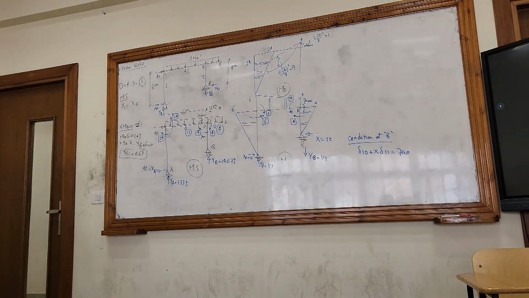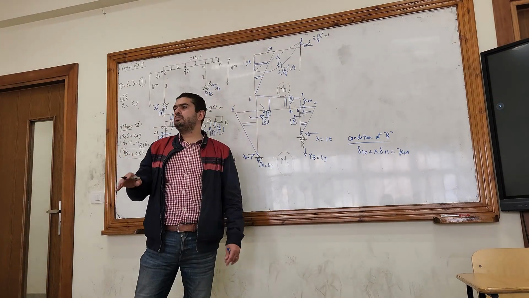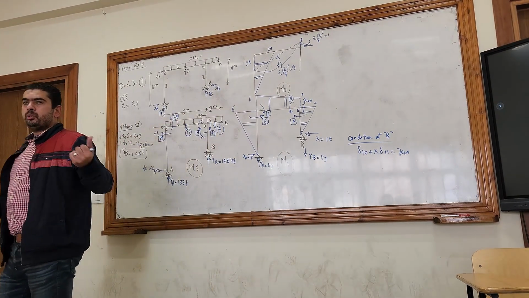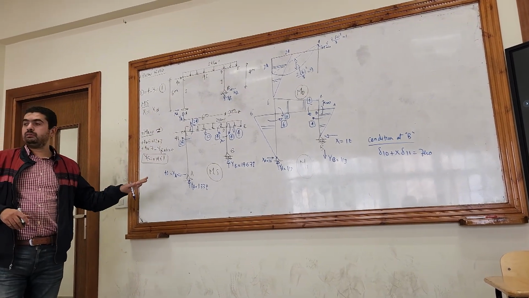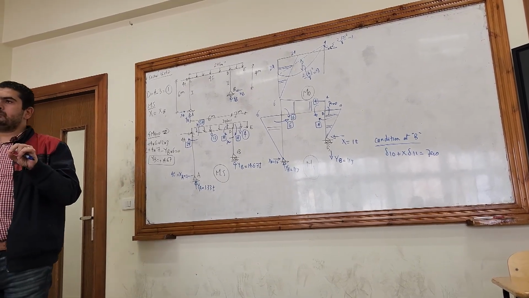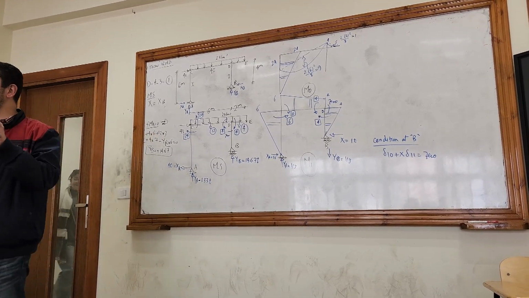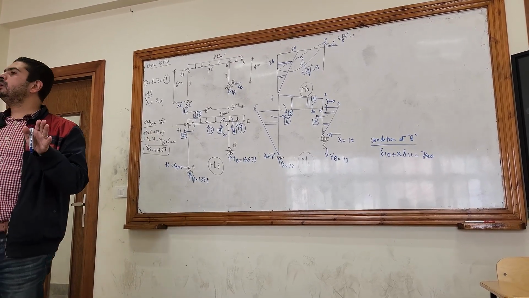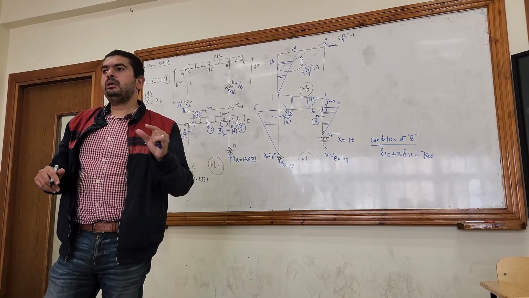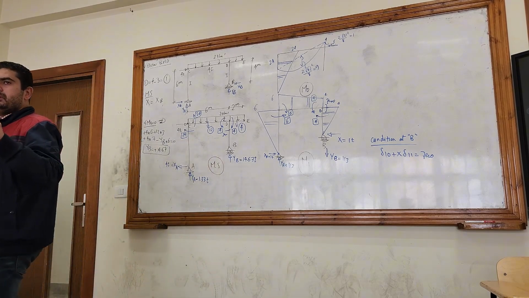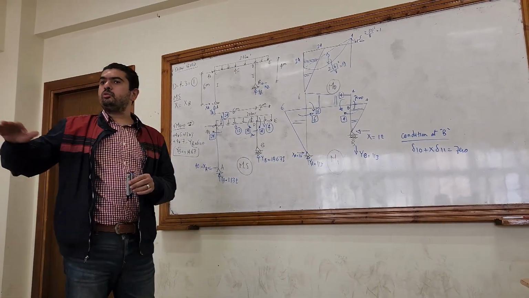How will I calculate delta 1 node and delta 1? This is the only difference between the virtual work and the superposition. The same steps from the beginning to the end, but in terms of calculating the displacements delta 1 node and delta 1, they will differ. In the superposition, I calculate them using the conjugate beam method. Let's calculate delta 1 node and delta 1 using the virtual work method.